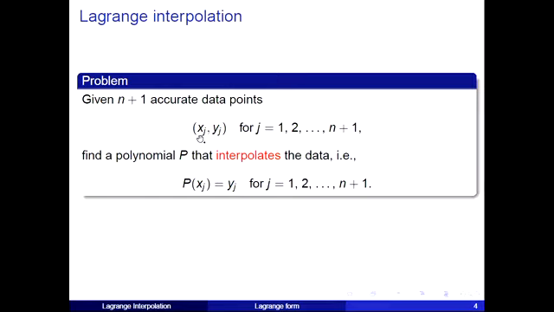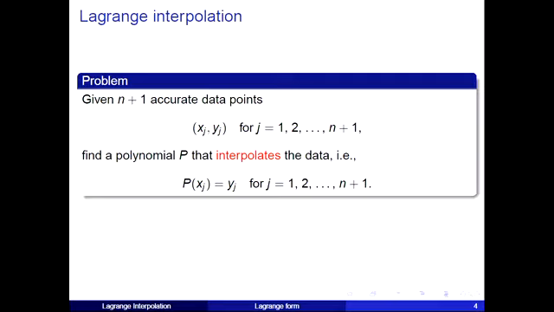Suppose you have a collection of points, x and y, on the plane. Okay, so in my case, I suppose I have n+1 points. Then I try to find a curve that goes through the points, and for the simplest case, I just assume that is a polynomial.